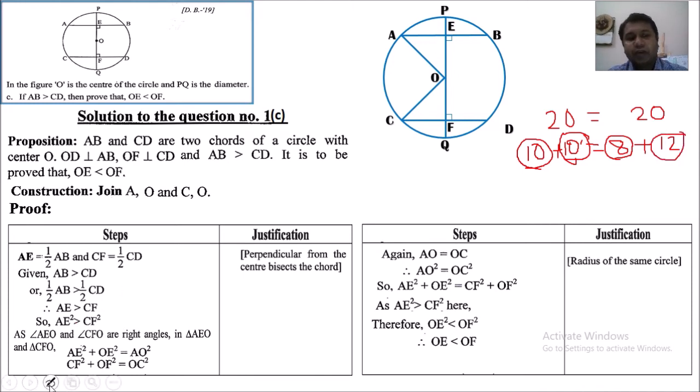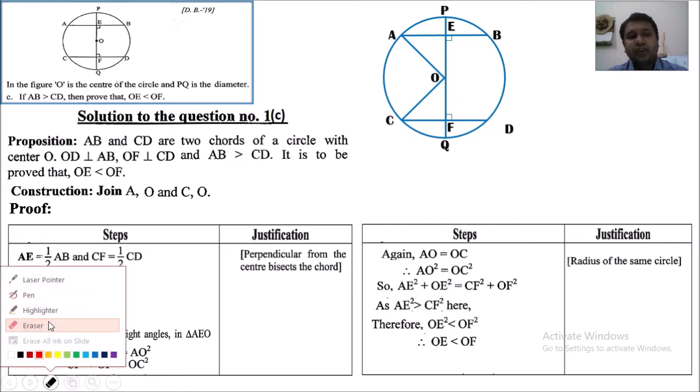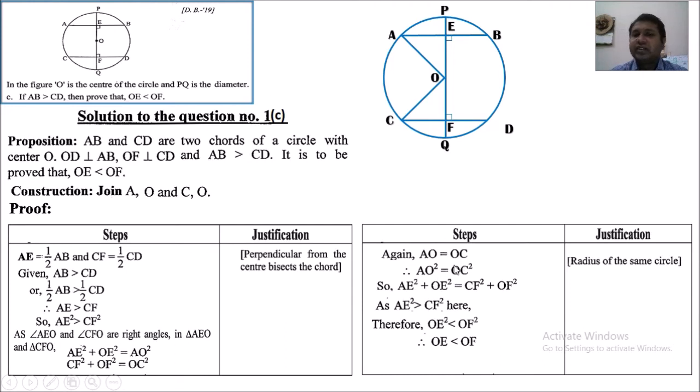I think you understand what I am trying to tell. If in two parts of an equal thing, one part is greater than the other part, the left part must be smaller than the other part.